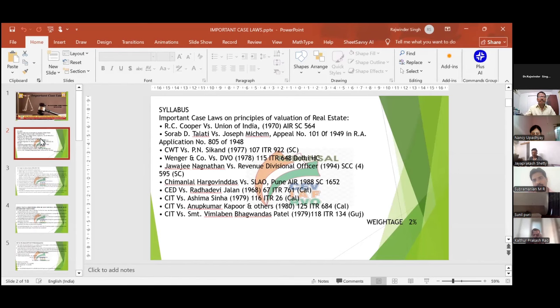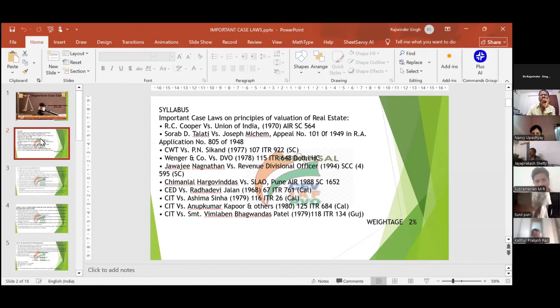Fifth one is Jawalaji Naganathan versus Revenue Divisional Officer. Next is Chimanlal Hargovindas versus SLAO. Next is CED versus Radha Devi Chalan. Next is CIT versus Ashima Sinha. Next is CIT versus Anupam Kumar and others. And the last one is CIT versus Vimla Ben Bhagwan Das Vatai.